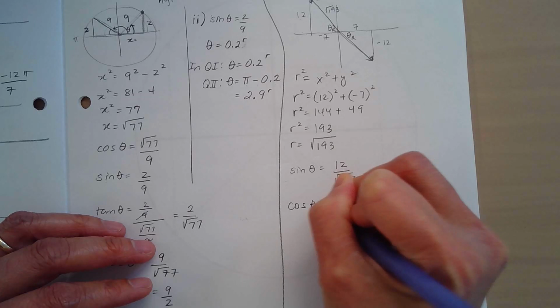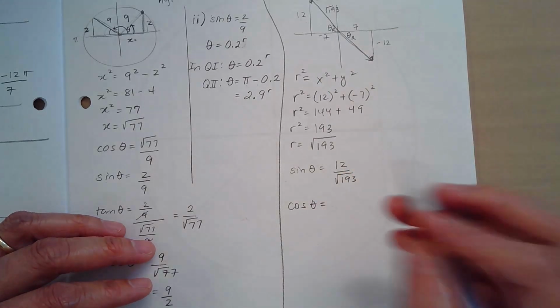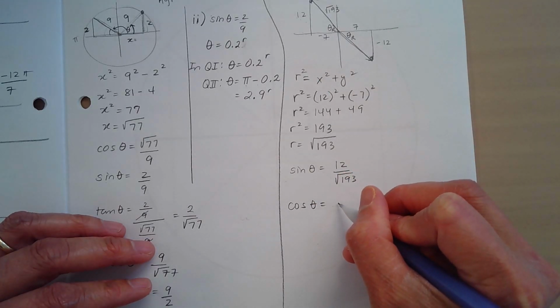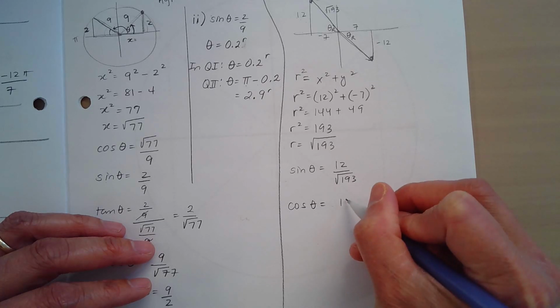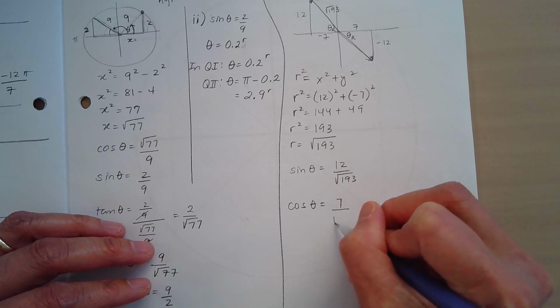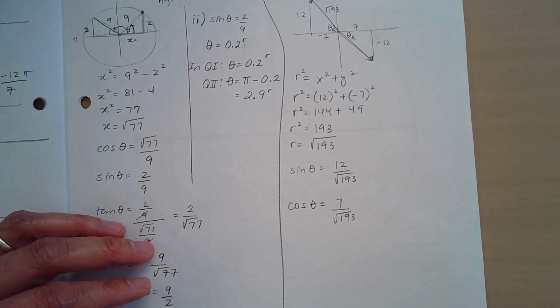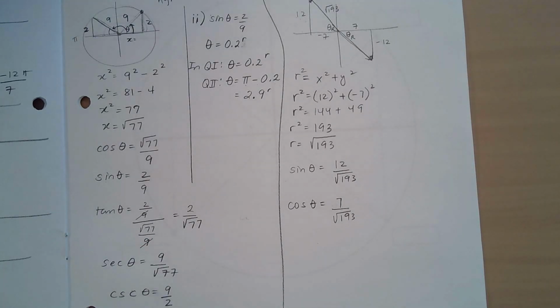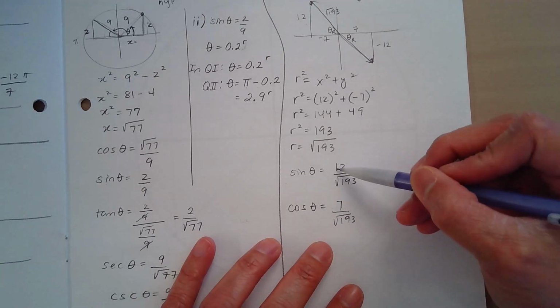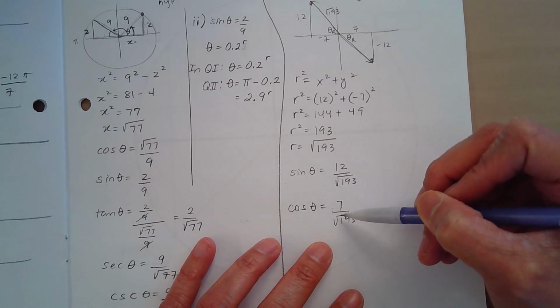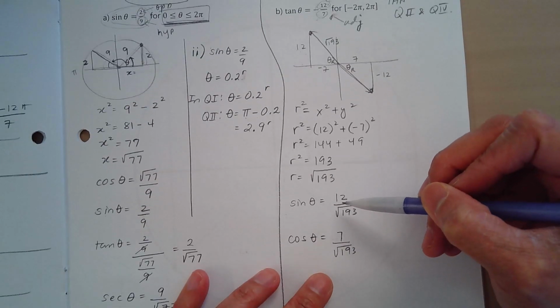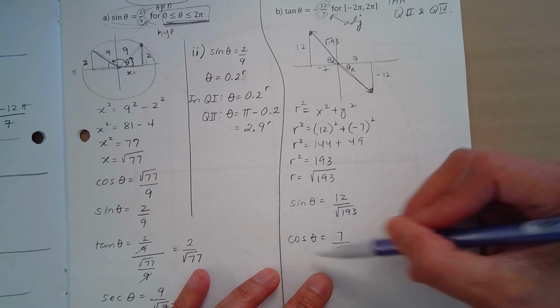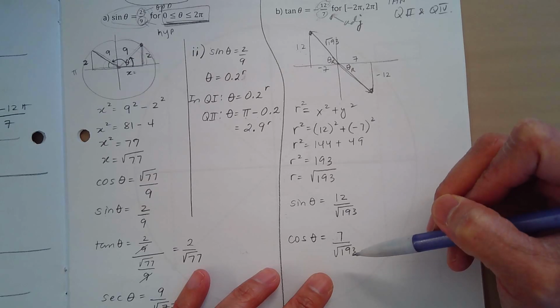Cosine is adjacent over hypotenuse. Now, from here, sine is positive, cos is positive. Is that true? Why is it like that? Is that true? I wrote it down like this, but we have to ask ourselves, does that make sense?